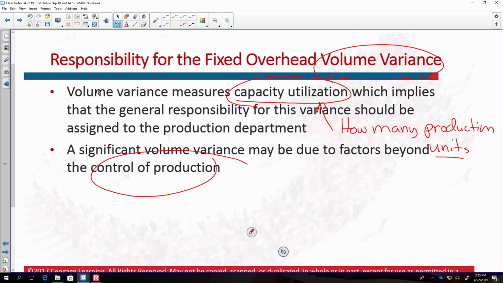How does that production budget compare to what we actually used, or actually produced? That's the measurement of volume variance. It's a capacity measurement. And I think once we get into our problem here, I'll explain in more detail what each of those variances are, and then obviously how they're computed.